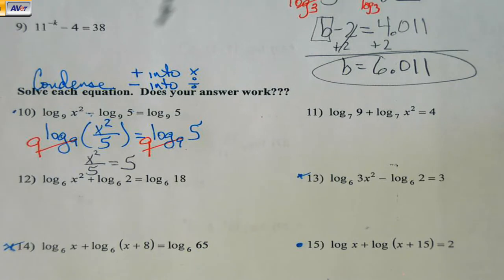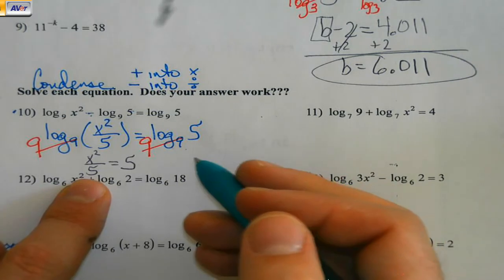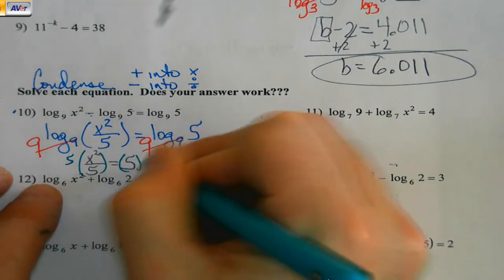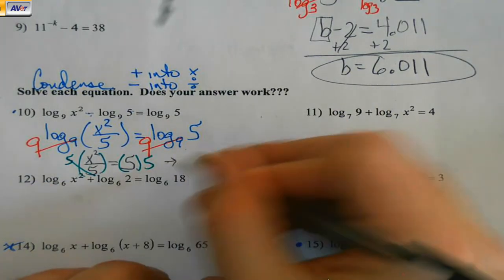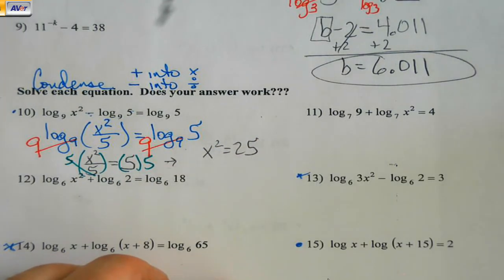And now we're back to algebra 1. So once I get there, okay, I want to get x squared alone. What am I doing to it? I'm dividing it by 5. What's the opposite? Multiply by 5. Whatever I do to one side, I have to do to both. X squared equals 25.